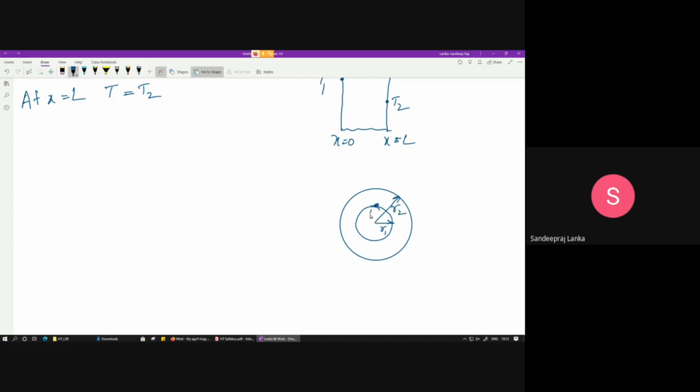There is a temperature T1 at this radius, temperature T2 at this radius. So what I can write for this temperature boundary condition is like this. At r is equal to R1, the temperature is equal to T1. At r is equal to R2, the temperature is equal to T2. That's how we can write it for the sphere also. So that's how you will have the temperature boundary condition.